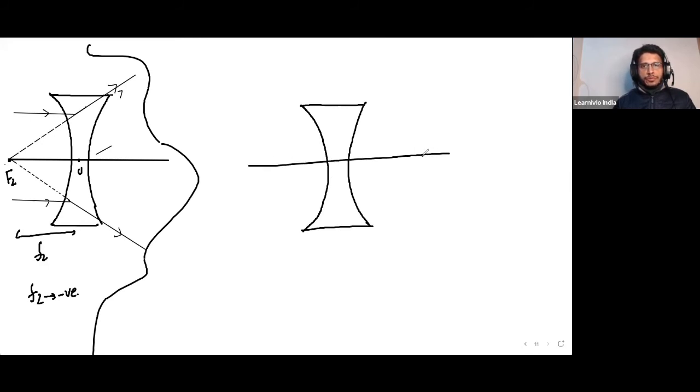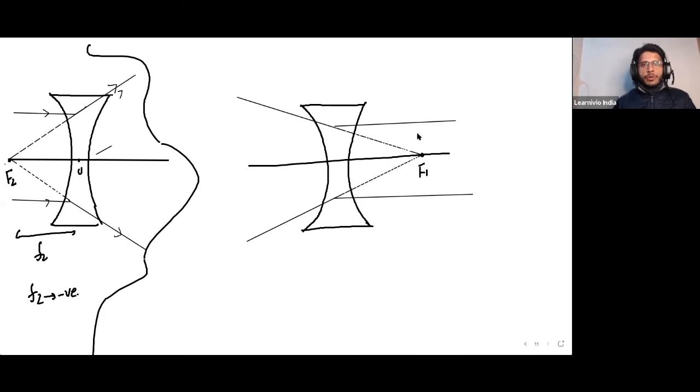First principal focus means it's a point over which, if I converge my rays at the first principal focus, then after refraction these rays will become parallel to the principal axis.